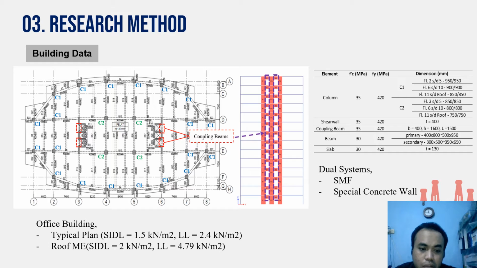In the typical plan, superimposed dead load is 1.5 kilonewton per meter square and live load 2.4 kilonewton per meter square. Roof superimposed dead load used 2 kilonewton per meter square and live load 4.79 kilonewton per meter square. This loading is based on Indonesian code.